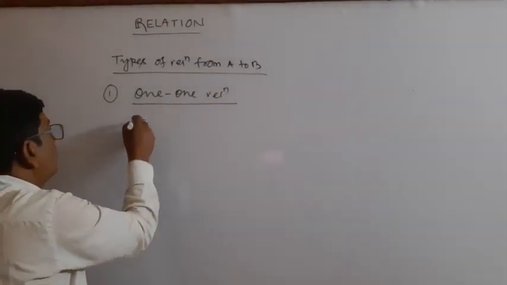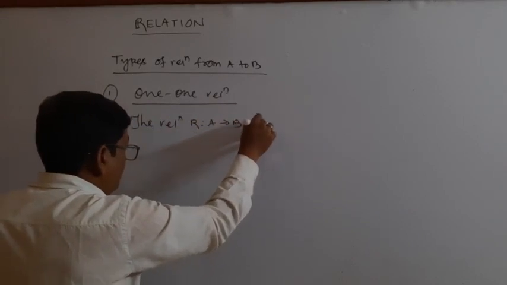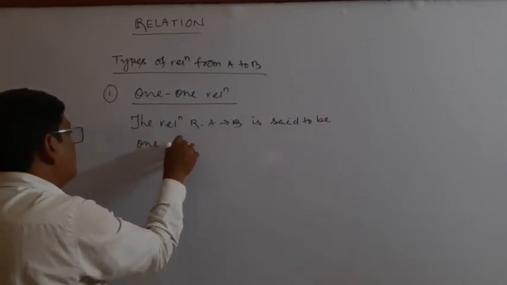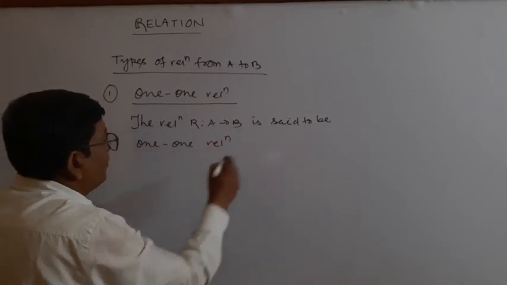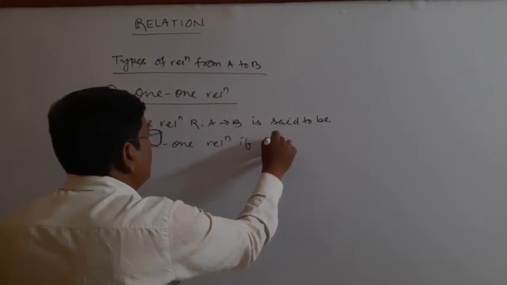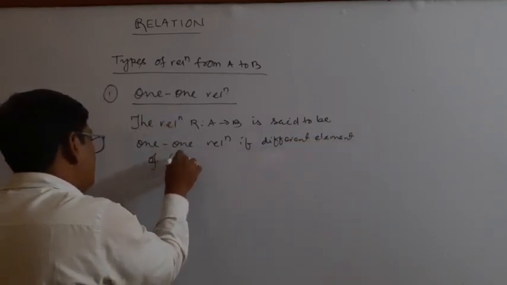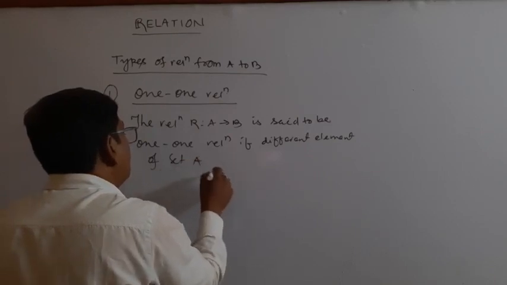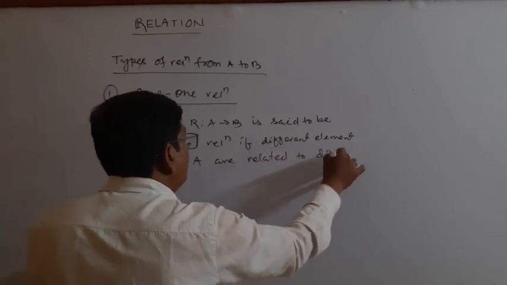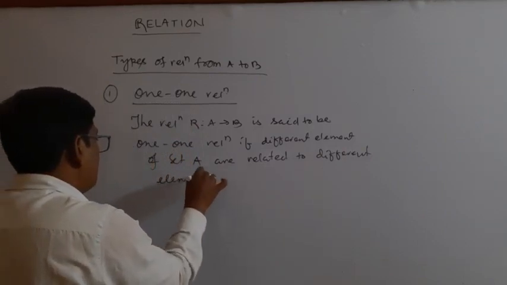The relation R from A to B is said to be a one-one relation if different elements of set A are related to different elements of set B.